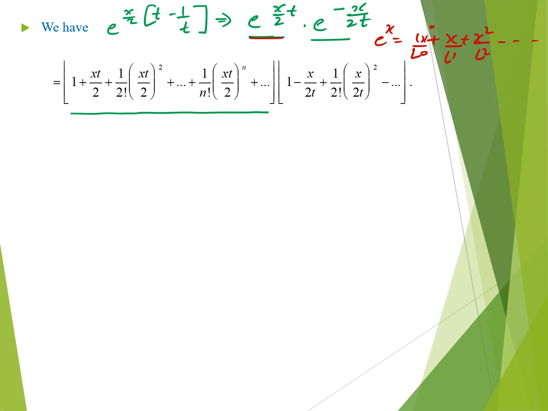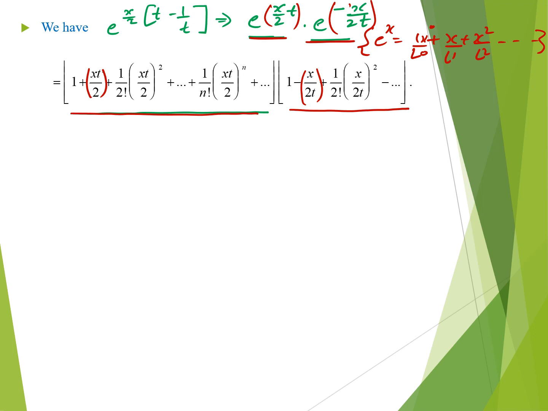So we expand the first term and second term by using the exponential series of e to the power x. We find these two series. In the first we have the term xt by 2, and for the second it is minus, so we have the term x by 2t as an expansion term.